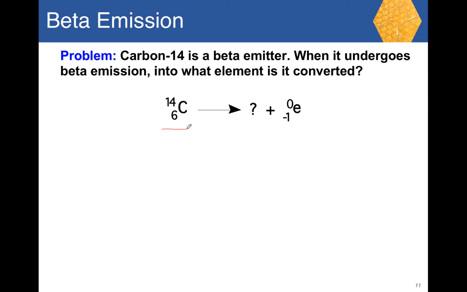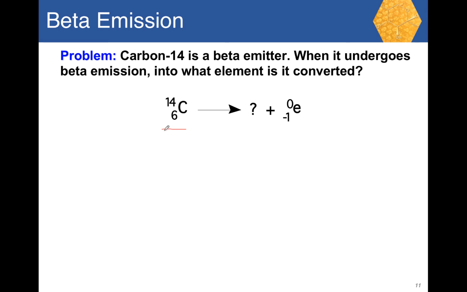Carbon-14, an isotope of carbon. So that's carbon 6 and 14. Remember, we had three isotopes of carbon: 12, 13, and 14. As you will see later on, carbon-14 is used for carbon dating.